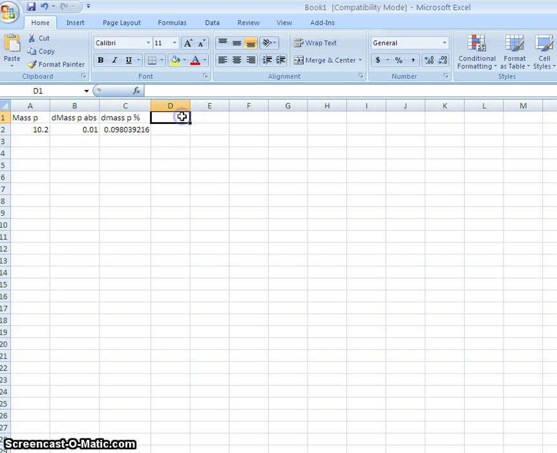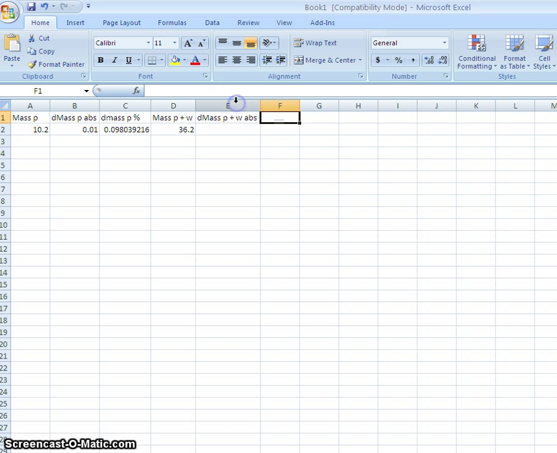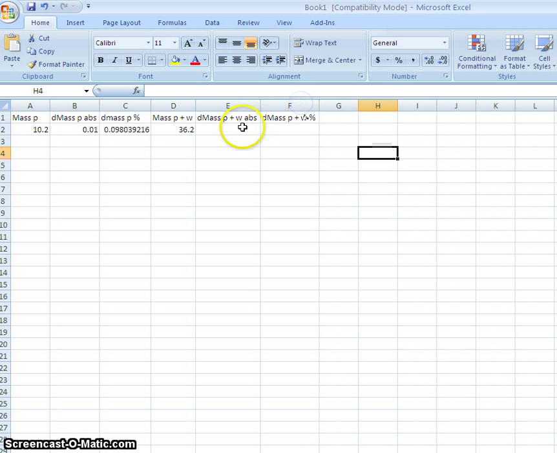And the second thing I recorded in the experiment was the mass of the pycnometer plus water. Again, this would be an experimental number. Let's just say that I got 36.2. And I need to put my uncertainties in as well. I need to make a column for the percentage uncertainty, and we can fill those in.